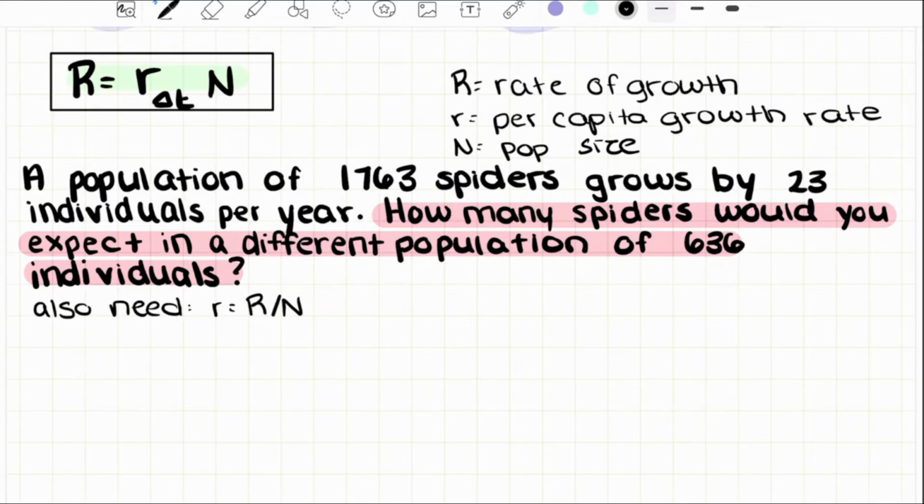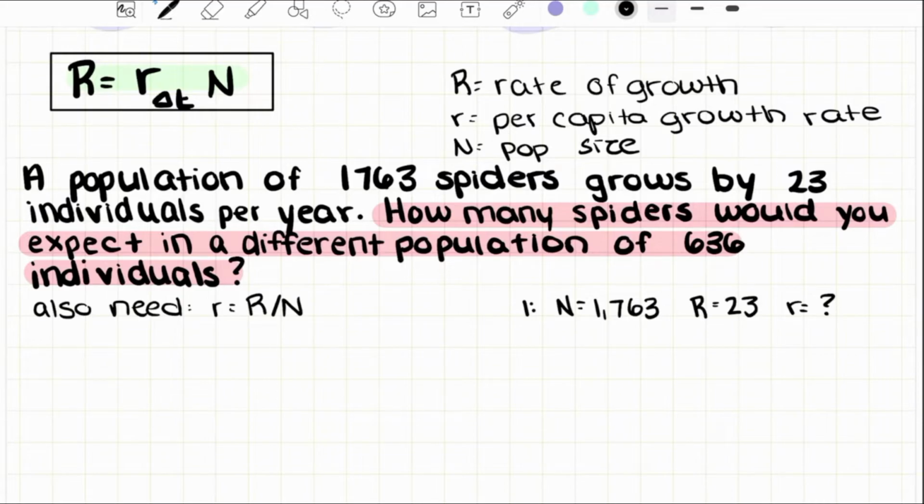So we have population 1, which is going to have a population size, or N, of 1,763. Then we also know that it grows by 23 individuals per year. So we know that that is the population growth rate. However, what we don't know is the per capita growth rate.